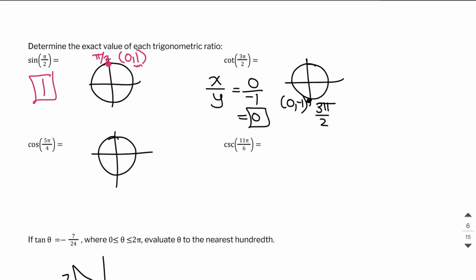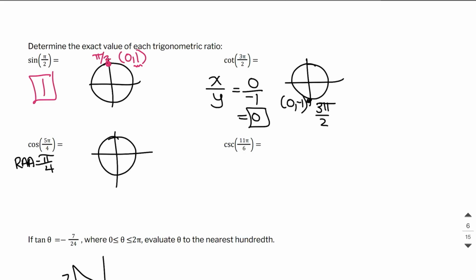Okay, cosine of 5 pi over 4. So for starters, we know that our related acute angle here is going to be pi over 4, because this is 1 pi over 4 more than pi, right? If I take pi and add an extra pi over 4 to it, I should get 5 pi over 4.